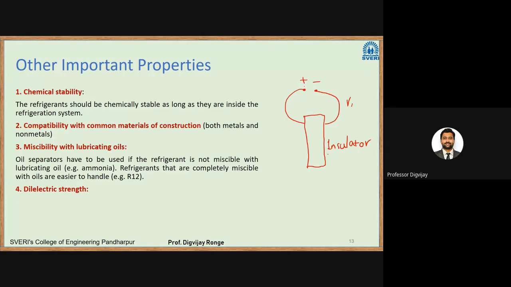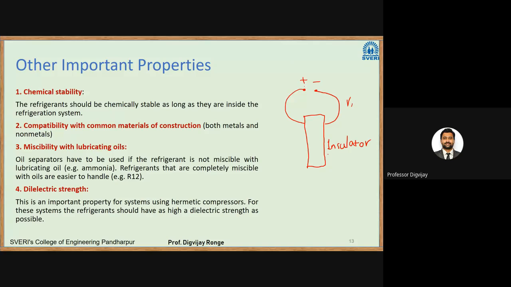It is advisable that refrigerants should also have a high dielectric strength. What happens if you apply a voltage higher than the dielectric strength? It starts conducting electricity. It is not advisable that a refrigerant should conduct electricity inside a VCRS system. That is why the refrigerant should have a higher dielectric strength.